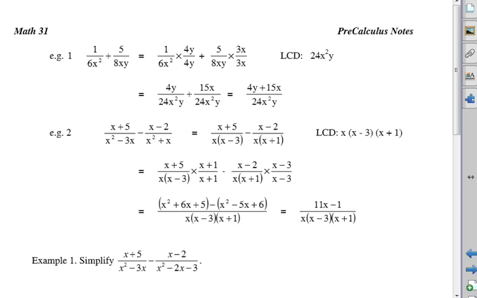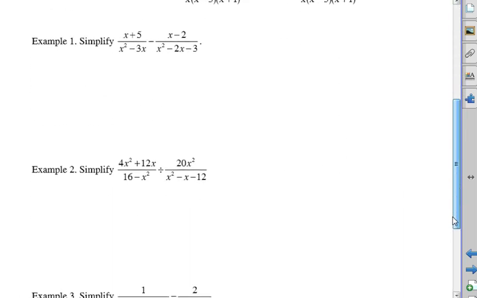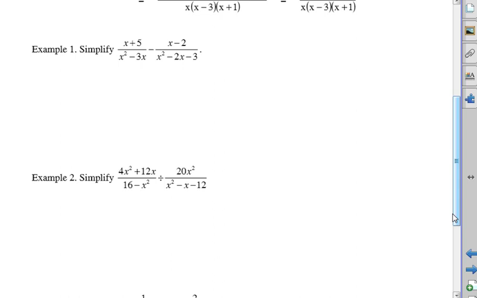Okay, I have some examples here. Let's skip that one. Okay, so can you factor this one, since you're so good at factoring? Yes, you can.